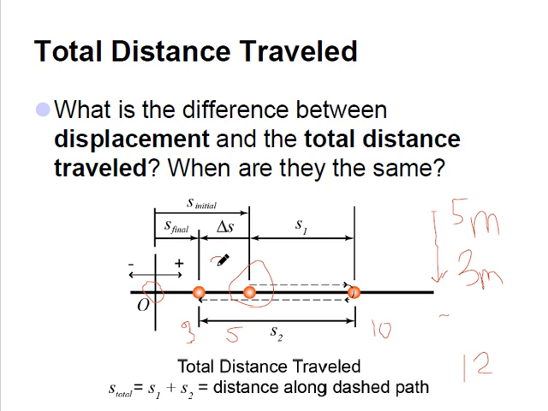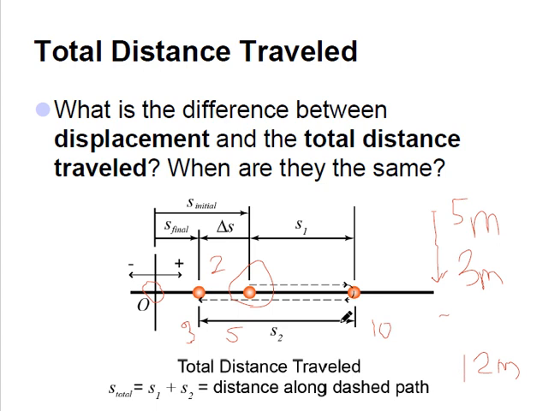You only have 2 meters if you take a straight line from the initial position to the final position without turning. If you take this longer path, go that way, turn, come back, pass the initial point, and go to the end point, you would have traveled 12 meters in total.